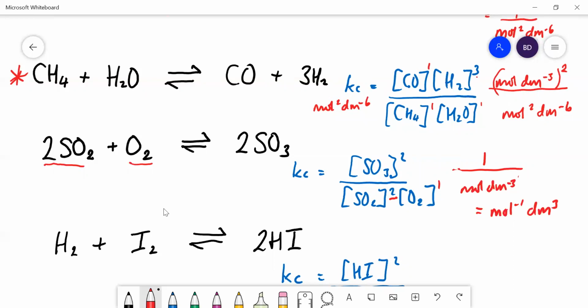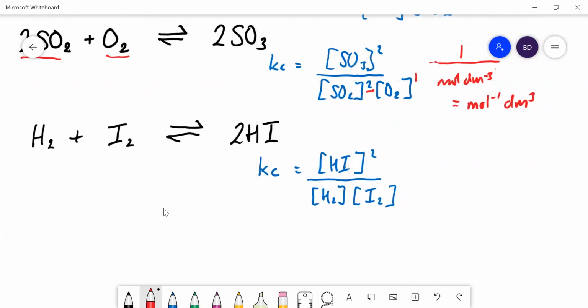Okay, now this one is an interesting one. On the top we've got mole dm to the minus 3 squared, and we've got a power of 1 and a power of 1, so the one on the bottom is also mole dm to the minus 3 squared. So that means they're both going to cancel out with each other, aren't they?